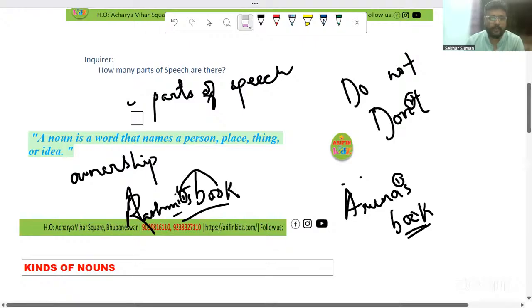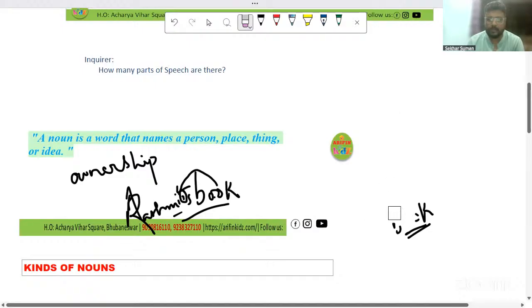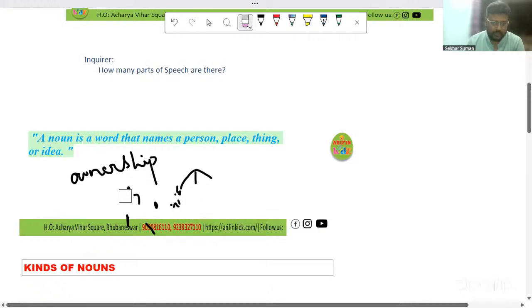Okay, so we have come to know about parts of speech. There are 8 parts of speech, recapitulating all that we have learned till now. Now we will be going through the different kinds of nouns.